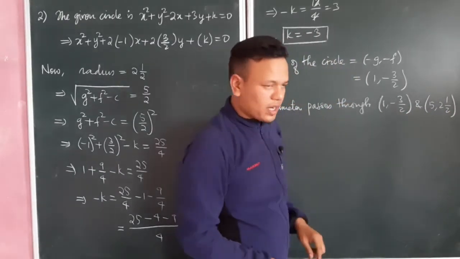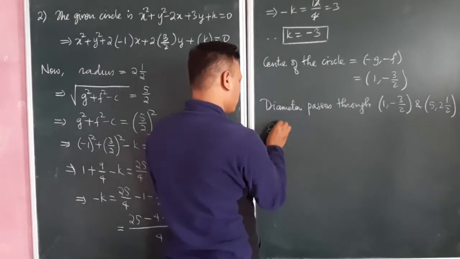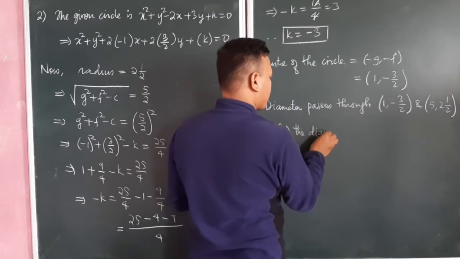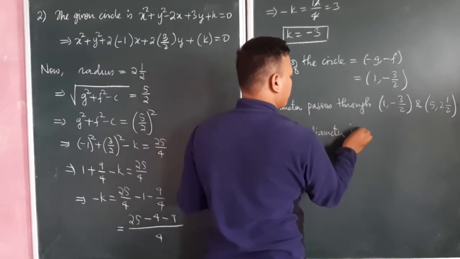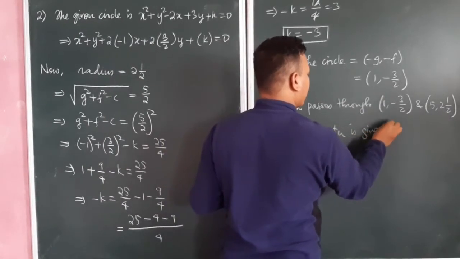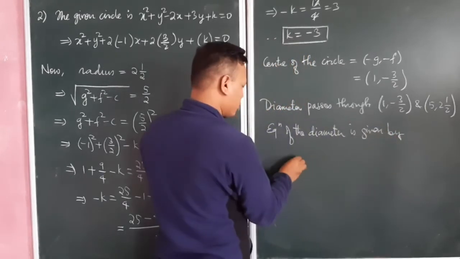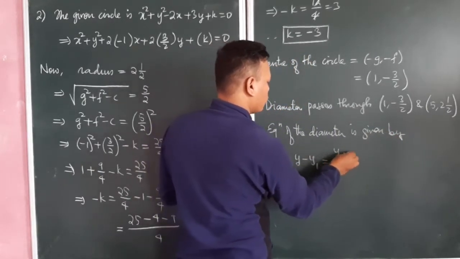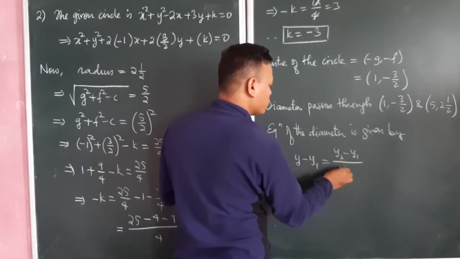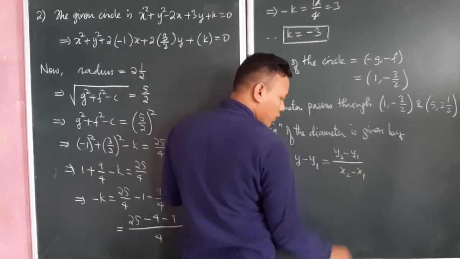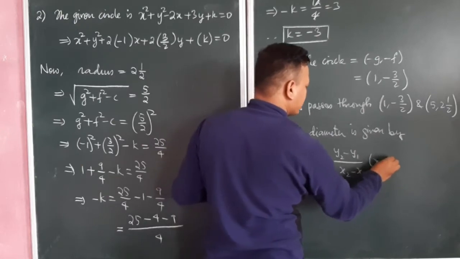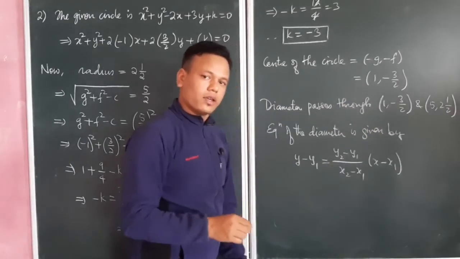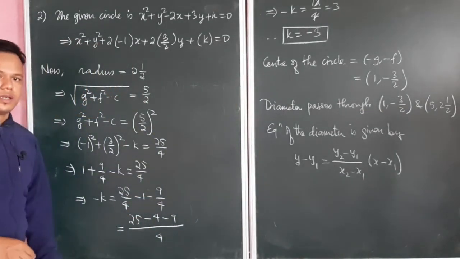Therefore the equation of the diameter is given by the formula y minus y1 equals to y2 minus y1 whole divided by x2 minus x1 into x minus x1. So use this formula and arrive at the equation by yourself. Pause the video to note down.